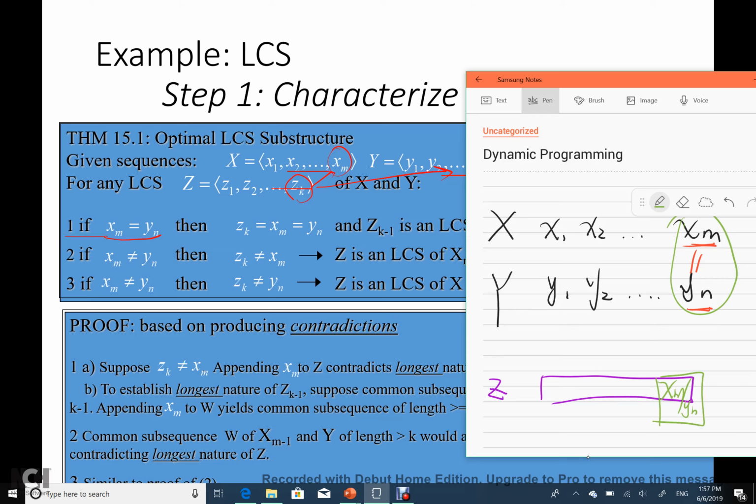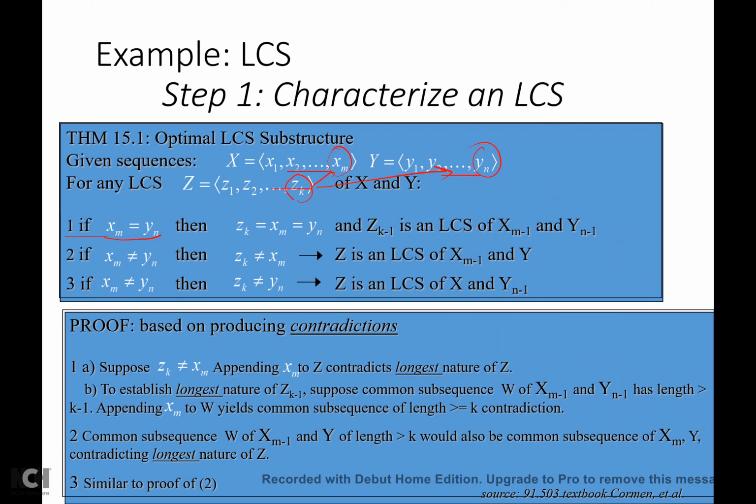If we take this contribution, the remaining part, from x1 to xm minus 1 and y1 to yn minus 1, we combine these two, we make this one. So this corresponds to the first condition, xm equal to yn, zk equal to xm. Then in that case, zk minus 1 is the longest common subsequence of xm minus 1 and yn minus 1, corresponding to the length of m minus 1, length of n minus 1.